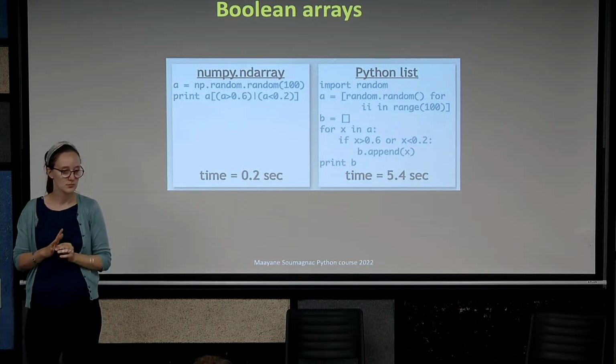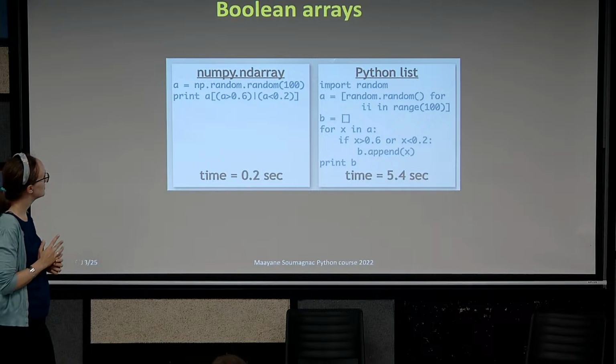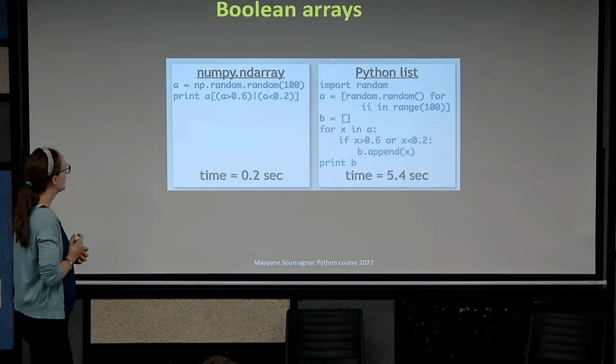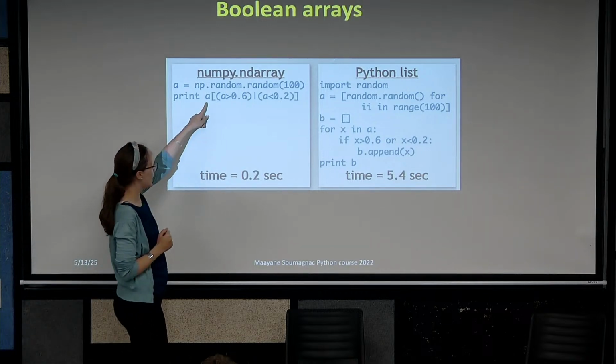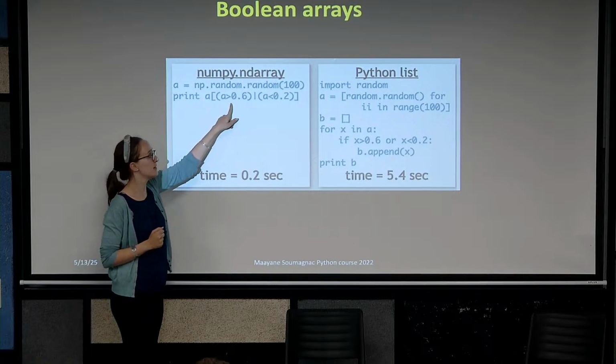There is a difference here. In the first one, A gets the whole 100 numbers. In the second one, B only adds the numbers that answer the question, like if x is bigger than 0.6 or x is smaller than 0.2. A of this is only giving you the value of A where this is true.